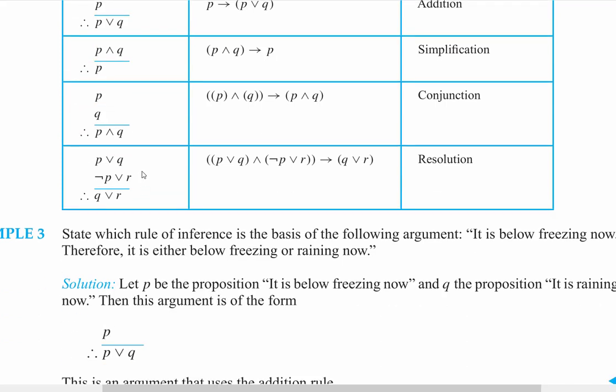This one's more interesting, called resolution. So if P or Q is true and not P or R is true, well then Q or R must be true.